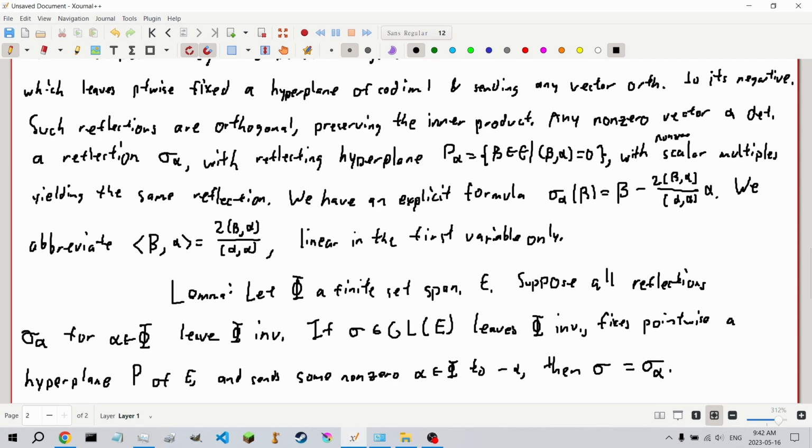And of course everything else is going to match up too, like the hyperplane is going to be the same and all that.